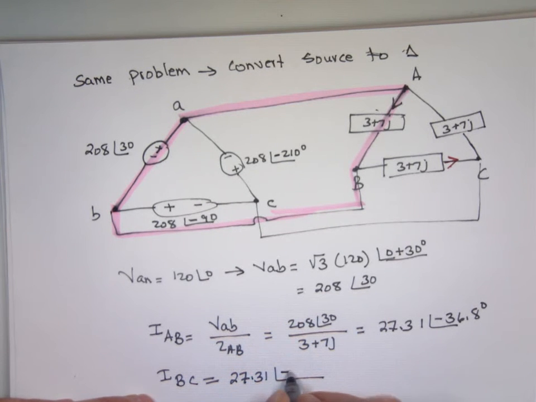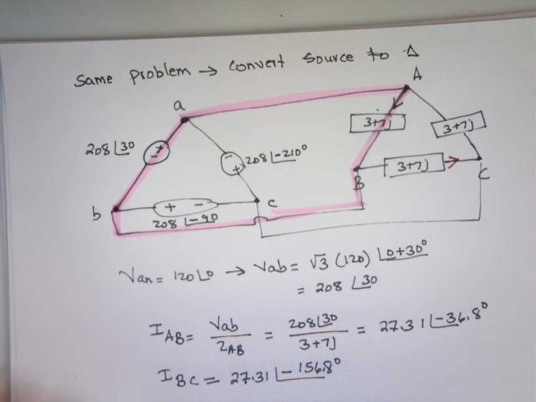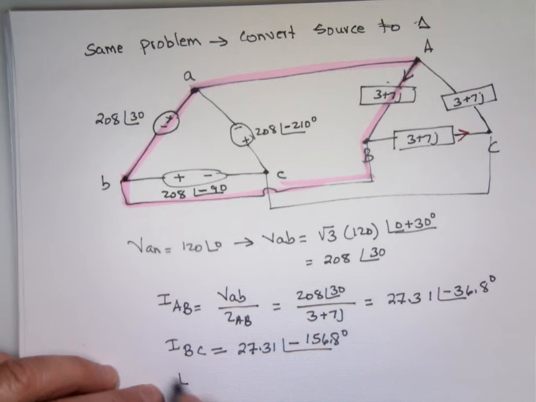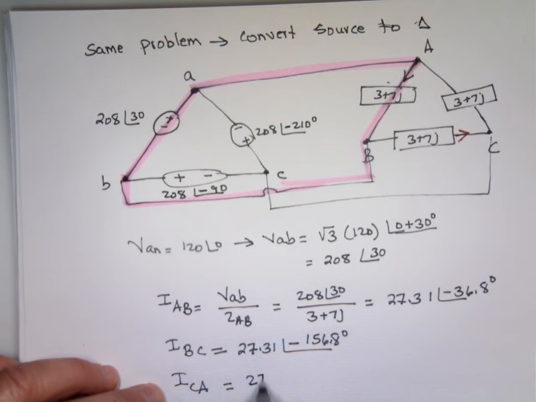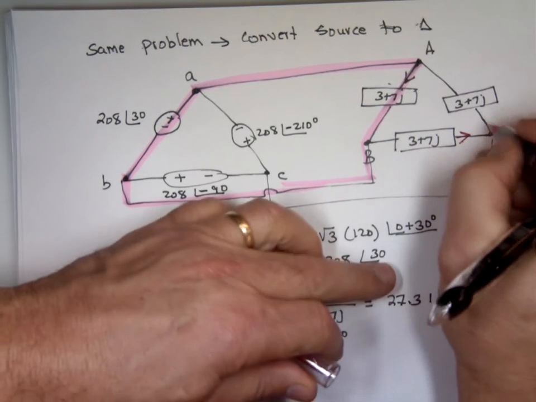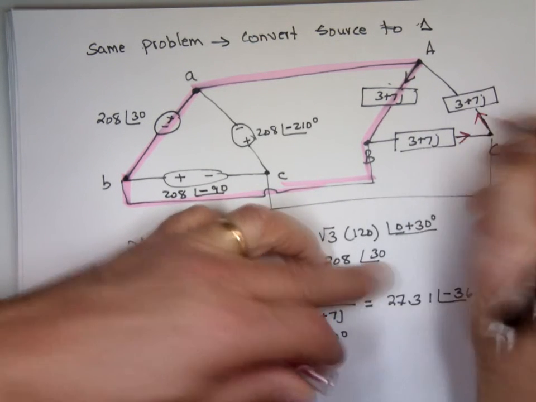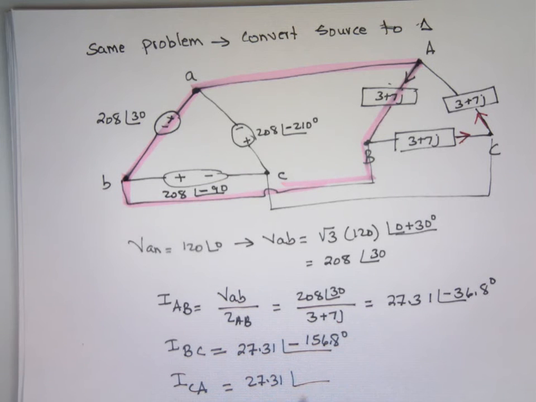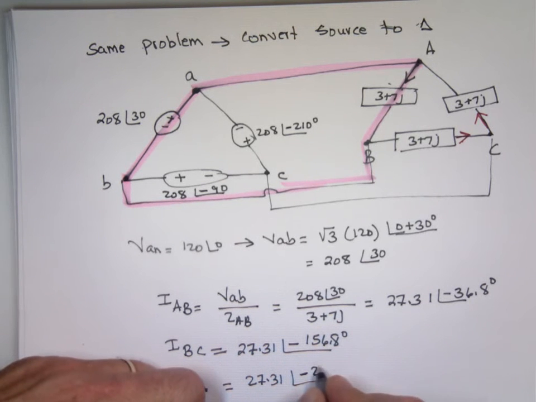Negative, what is 36 minus 120? Is that 156? And I sub C to A is going to be 27.31, and subtract now another 120 from that, negative 276.8, if I'm doing it right.